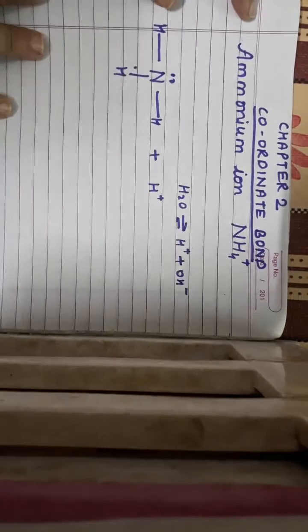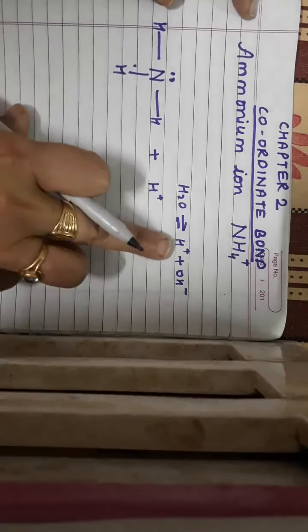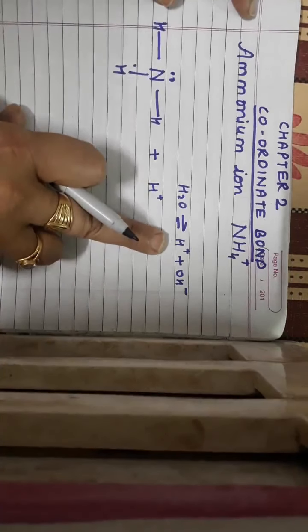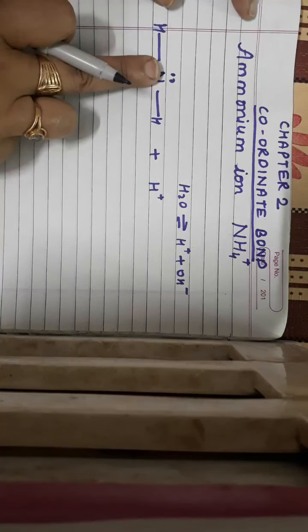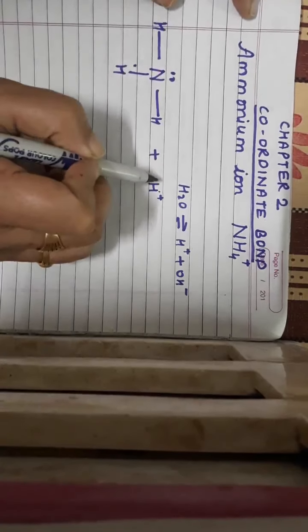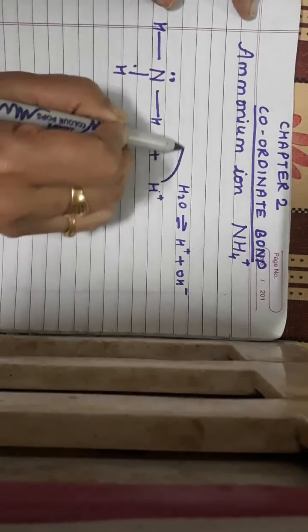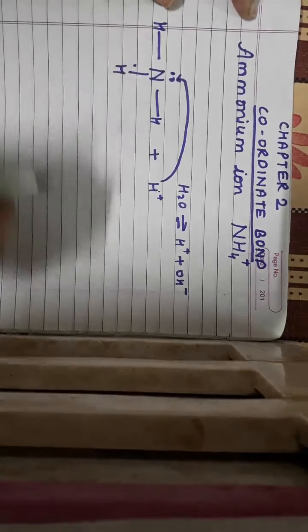So whenever ammonia gas is dissolved in water, the unstable hydrogen ion present in water may attack this lone pair in order to become stable. The proton, which has a shortage of one pair, will definitely attack this pair of electrons present over ammonia.